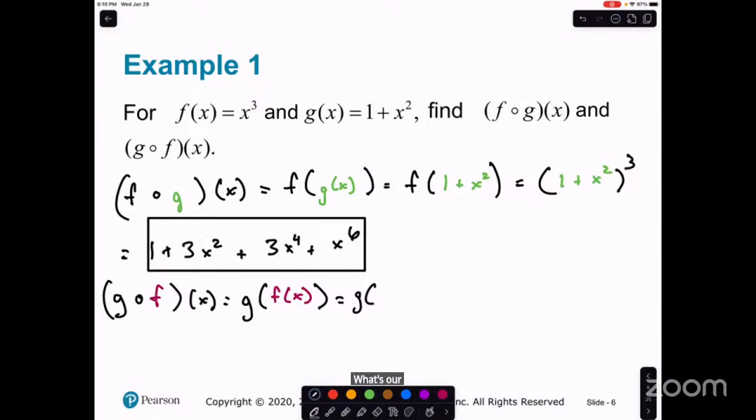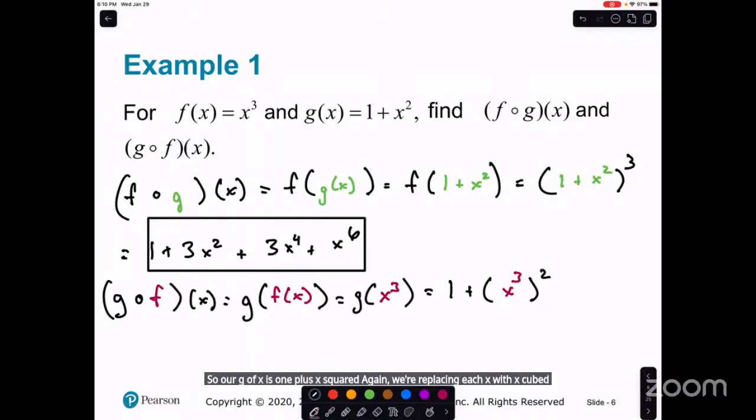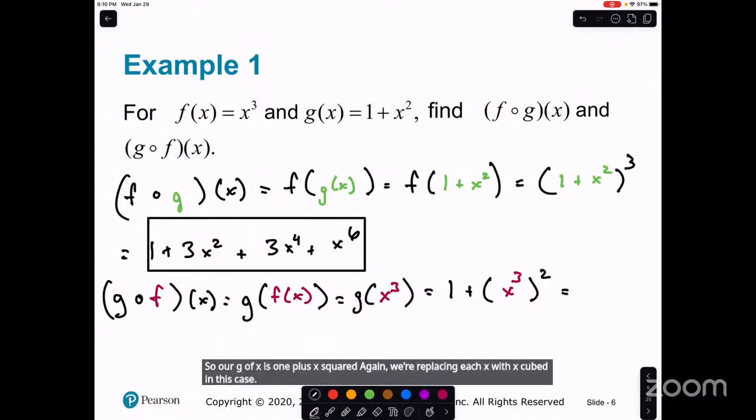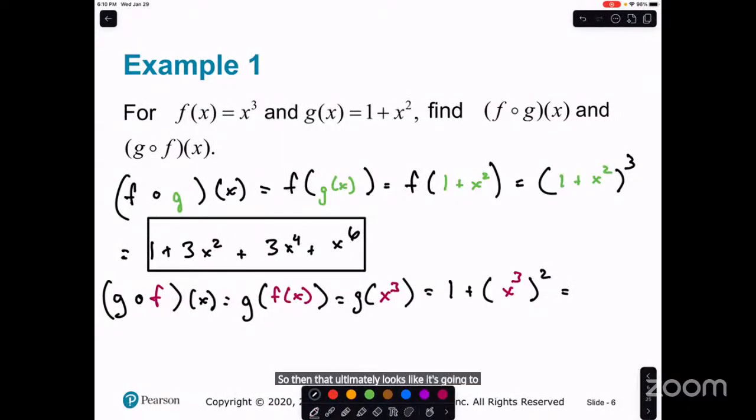It is x cubed. So our g of x is 1 plus x squared, and again, we're replacing each x with x cubed. So that ultimately looks like it's going to be x to the power of 6 plus 1.